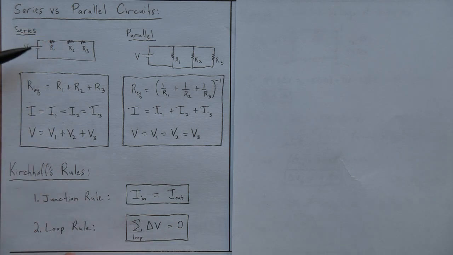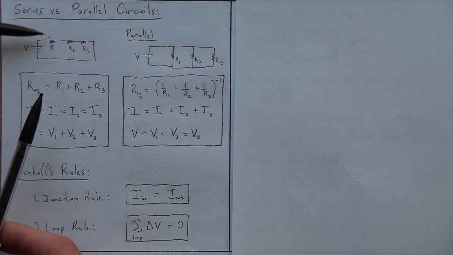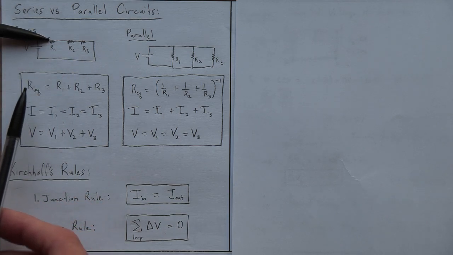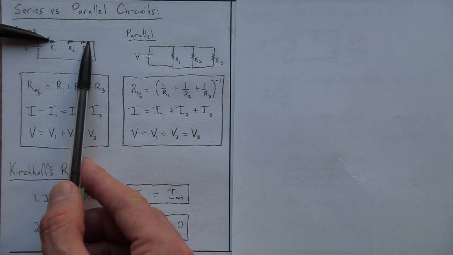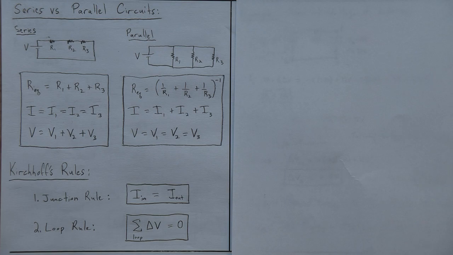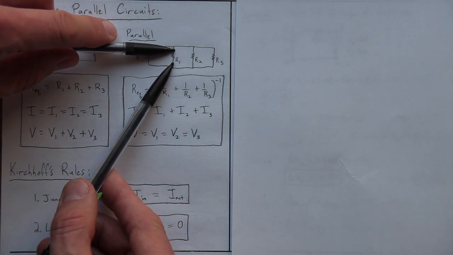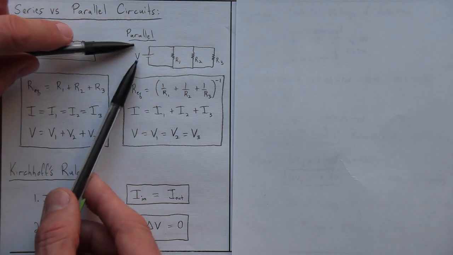So the voltage of this battery doesn't go to R1. The voltage of the battery goes, one prong of it goes right here, and the other prong goes right here. So the voltage gets split to all the resistors. Here the voltage goes, both sides go to every single resistor. And that's the key.